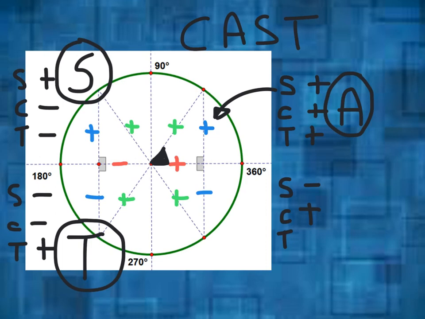And then finally, tangent is negative. This is where we get our cast rule. C, A, S, T. And so you can easily refer to an angle, whether it's positive or negative, by that rule.